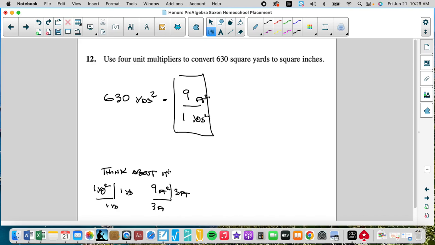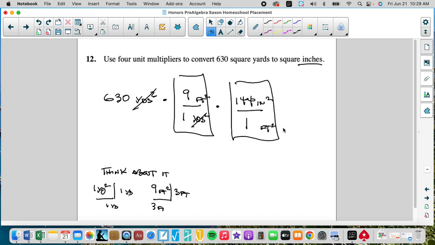Real good, important thing. So now we've canceled yard squared, and now we're in feet, but we want to get to inches, so now we have to convert from feet to inches. Feet is in the numerator, and what's going to get rid of a square foot in the numerator is a square foot in the denominator. And now we have to go to square inches. So same thing again. 1 square foot is actually equal to 144 square inches because we have to increase both the length and the width.